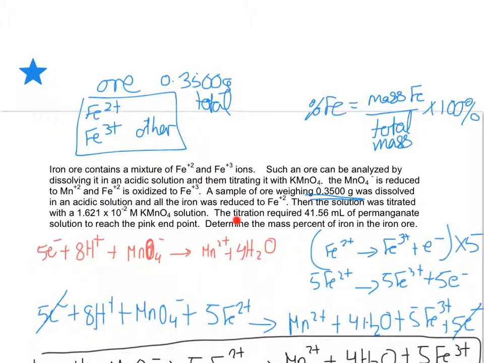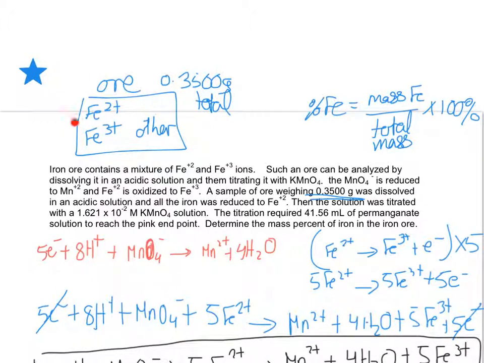The reason I can do that is because it says that the sample of ore was dissolved in an acidic solution and all the iron was reduced to Fe2 plus. So all of my ore turned into Fe2 plus, all the iron in my ore. So there was no more Fe3 plus.